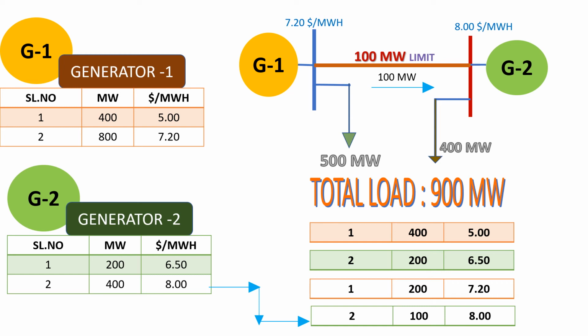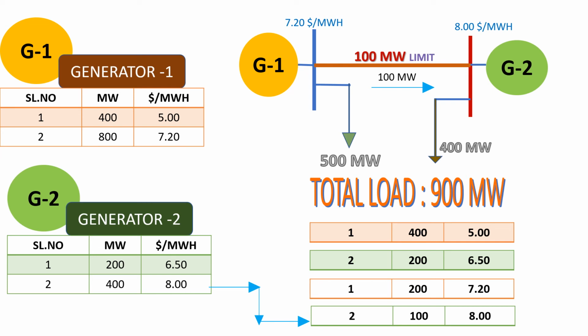That means the line can hold only 100 megawatts of power. Now, for the same scenario, if generator 1 was supplying 400 plus 300 in the earlier case, now it can only supply 200 megawatts, because the transmission line is limited to 100 megawatts.